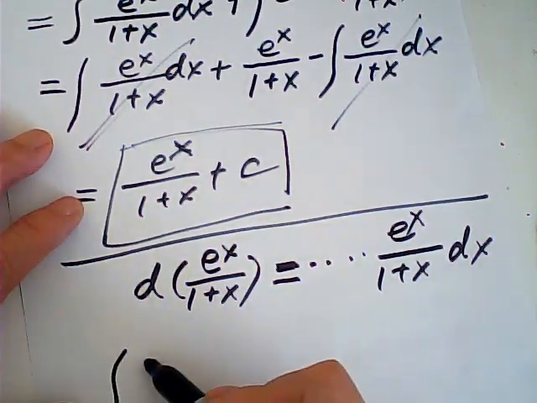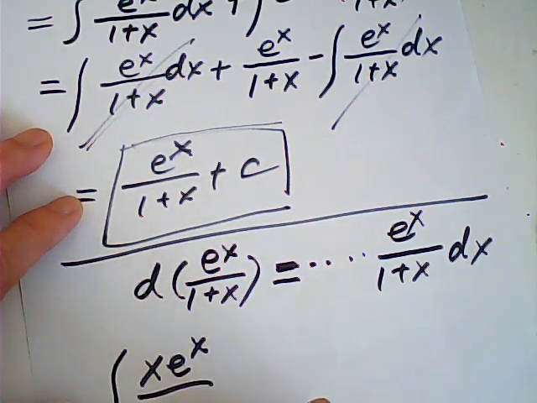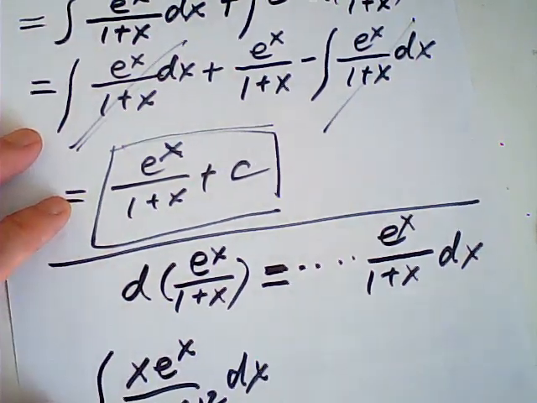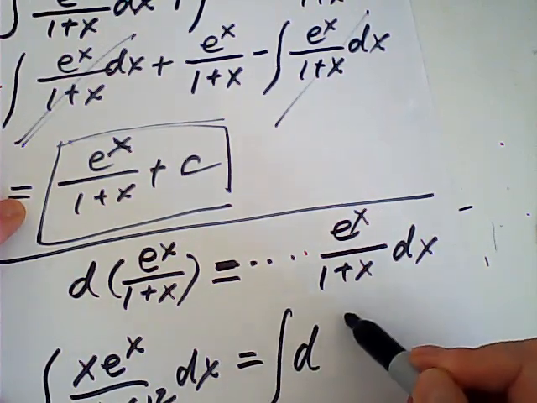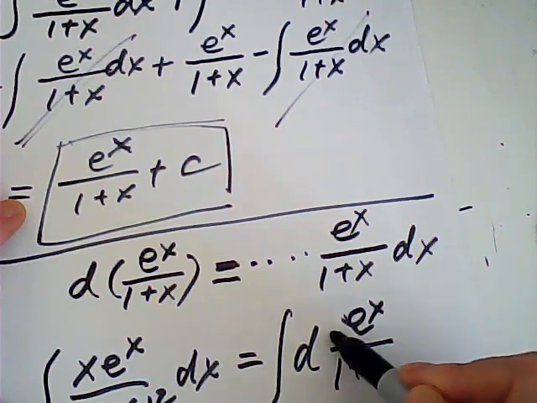Therefore, my integral of that over (1 plus x squared) dx can be written as d of e to the x over (1 plus x).